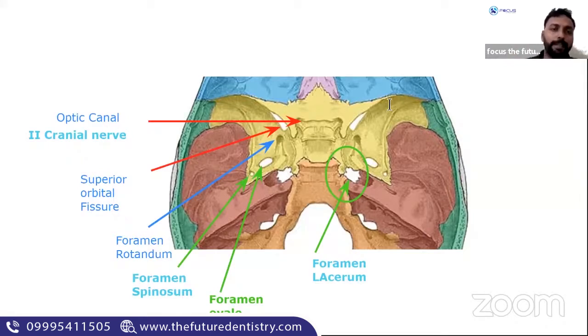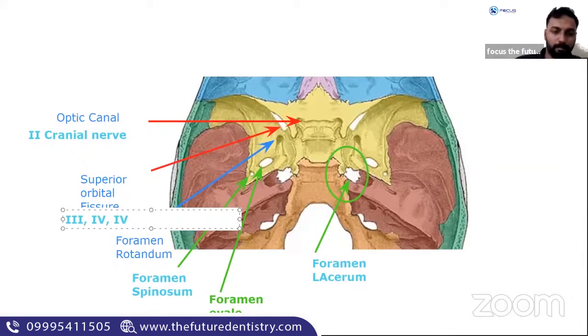Now, what about the superior orbital fissure? Okay, now I'll tell you: third, fourth, and sixth cranial nerve. Okay, Amrita has answered it.